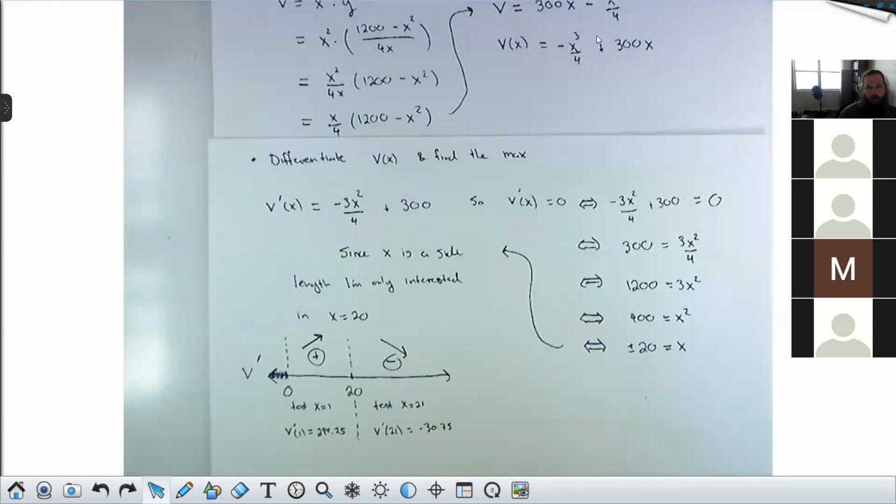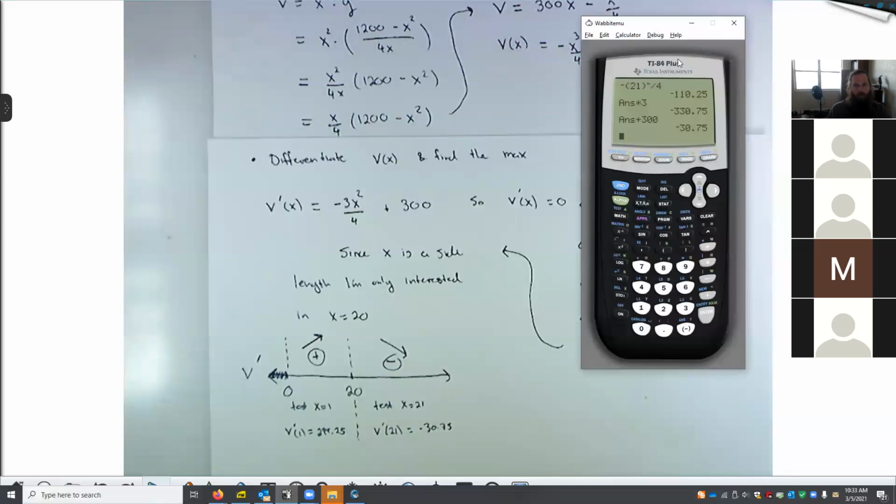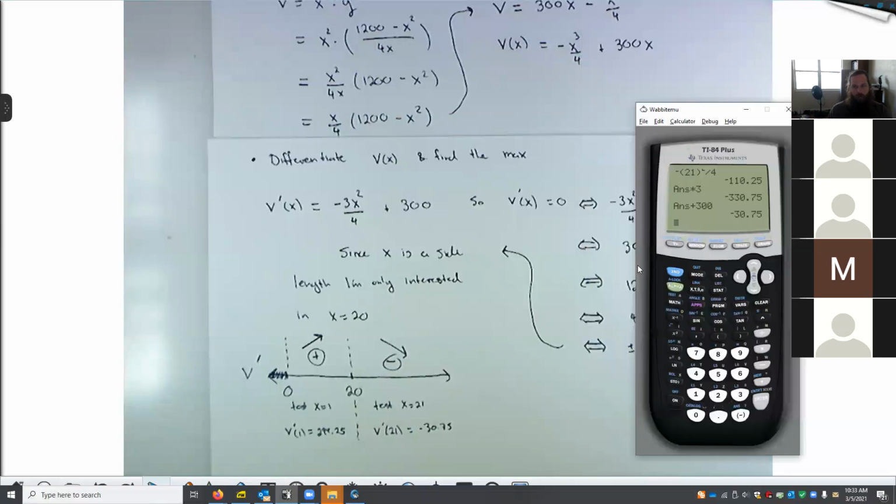But it won't tell you anything about whether you're increasing or decreasing. All the increasing, decreasing information comes from the derivative. Oh, okay. If you want to graph the original, you could do that. But remember, you guys don't have graphing calculators on the exams. So I would hesitate to do that. I could set my x-min to 0, my x-max to something like 50.